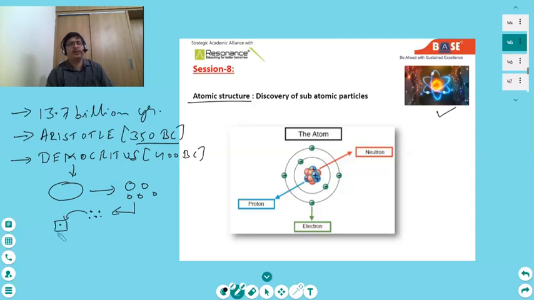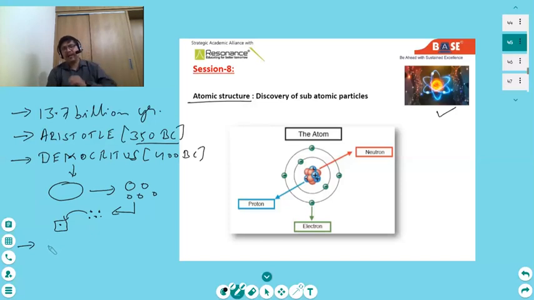At a moment, you will reach a point where the stone particle does not break further. That part which does not break further, he regarded as the atom. This was Democritus' idea, but later it was proved to be wrong.